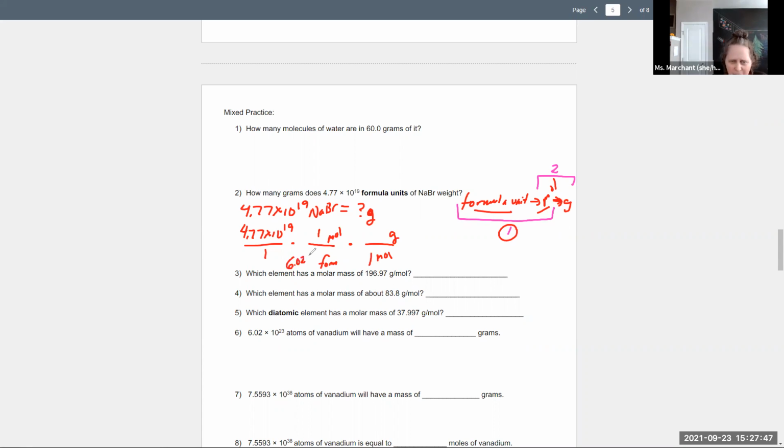Formula unit, 6.02 times 10 to the 23rd. And molar mass of NaBr. Na is 22.99, Br is 79.90. So when I add that together, I get 102.89. So that goes with grams because there's that many grams in 1 mole of the formula unit sodium bromide, or the ionic compound sodium bromide.